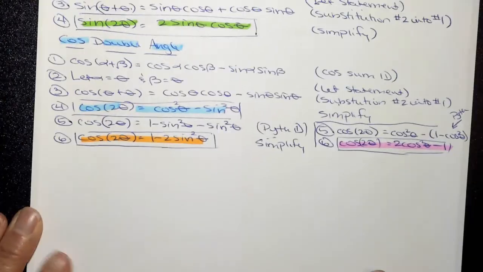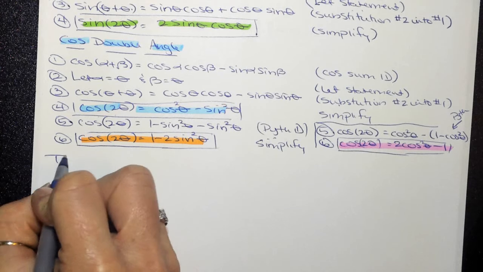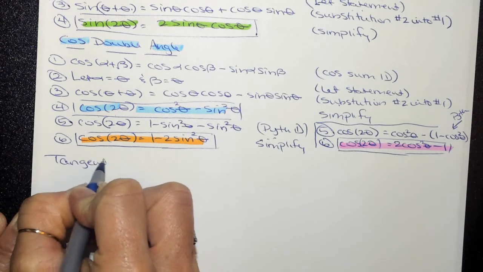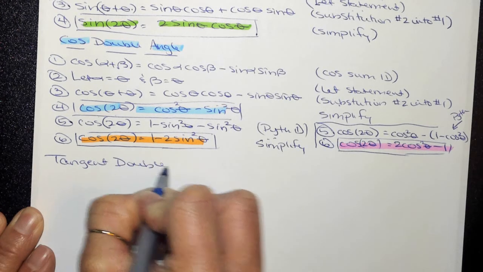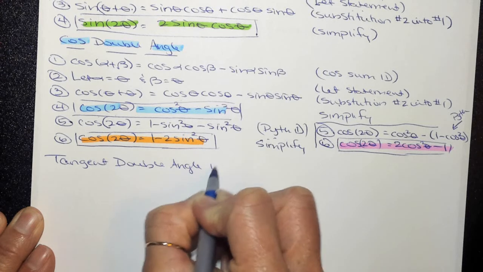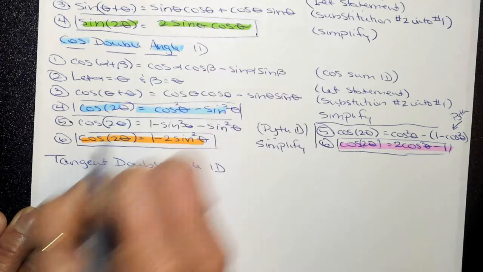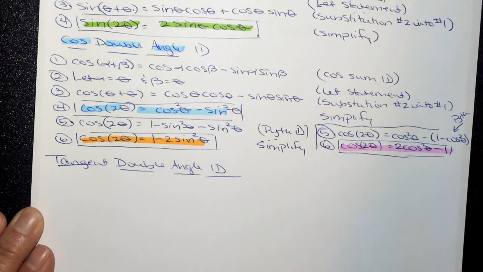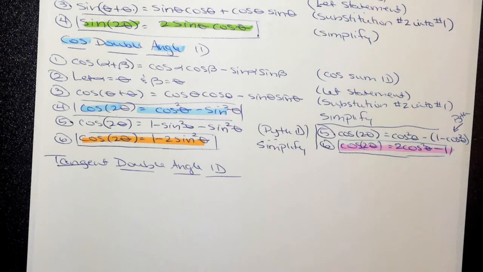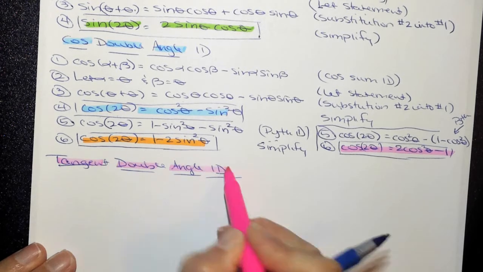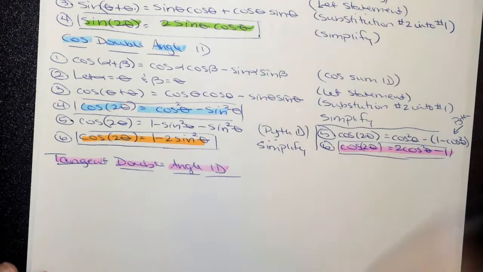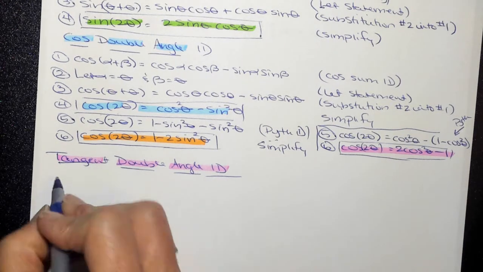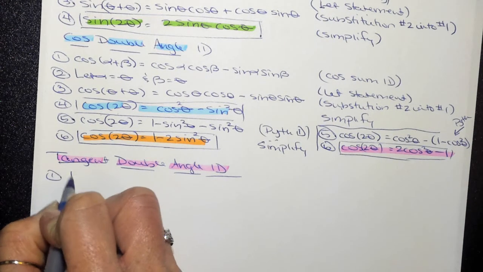Okay, the last one is our tangent. So tangent, double angle. Again we're going to start with the sum for tangent.